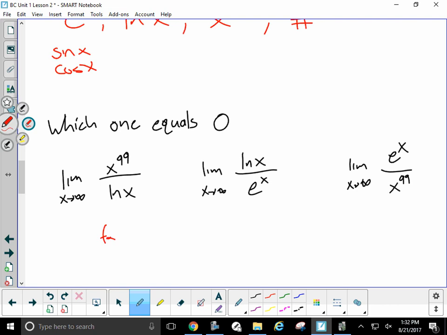So I'm talking about something that's growing faster in the numerator than in the denominator, which means these numbers in the numerator will be bigger numbers than the numbers in the denominator, which means this will trend towards what number? Infinity.